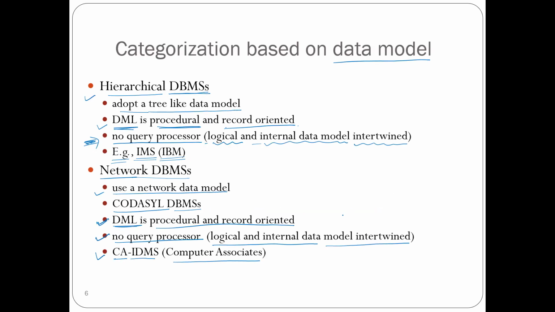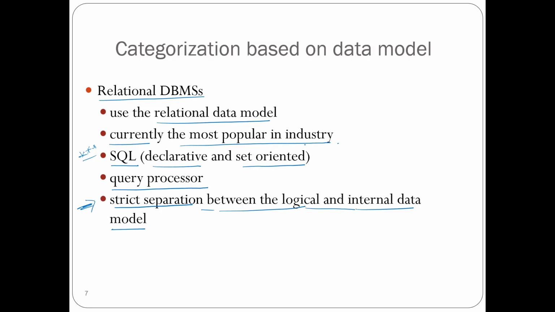If you want, let me take you back. Here, you can see the logical and internal data model are intertwined. That's the case with network DBMS. Similarly, for hierarchical DBMS also, the logical and internal data models are intertwined. Whereas in relational DBMS, there's a strict separation between the logical and internal data model.